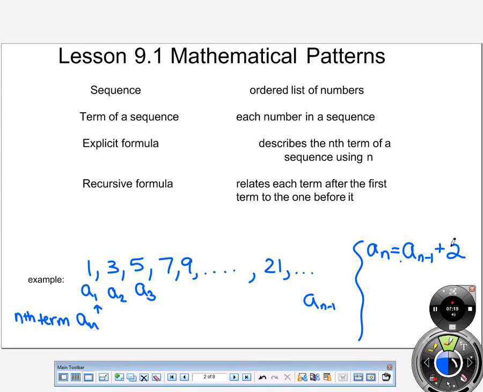So just to give you some context of what recursive and explicit means, this is a recursive formula because to figure out this one, I need to know the one before it and just do something to that. So that makes this a recursive rule, okay? Does that help differentiate what they are? We'll talk about an explicit rule in a little bit. Okay? All right.